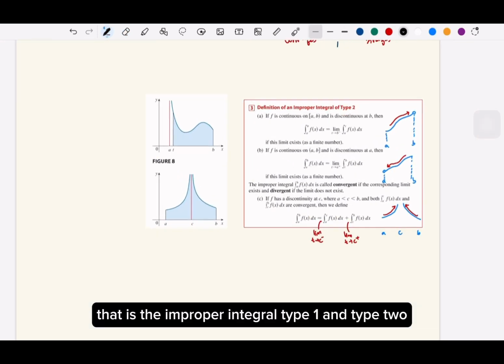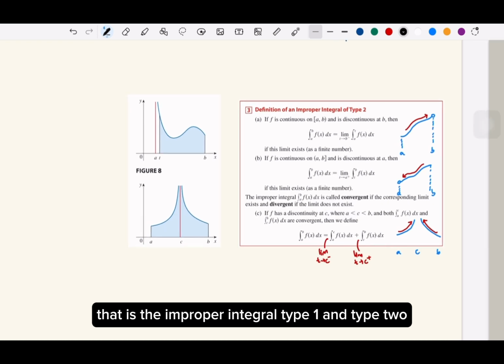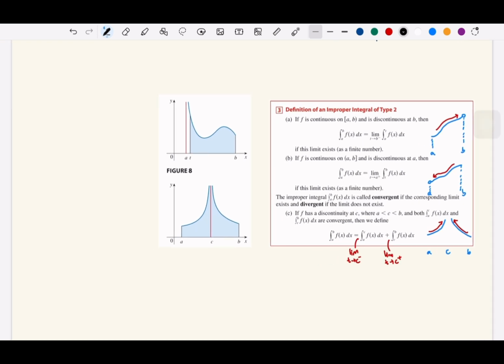So that is improper integral type 1 and type 2.